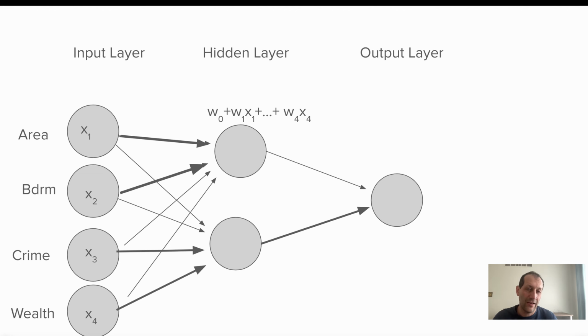So at a high level, I may be looking at something like this. Again, W0 to W4 are the parameters for this operation, for this neuron, and then W5 through W9 for this one, and then W10, W11, and W12. So in total, we'll have 13 trainable parameters.